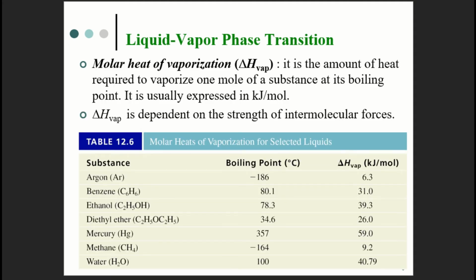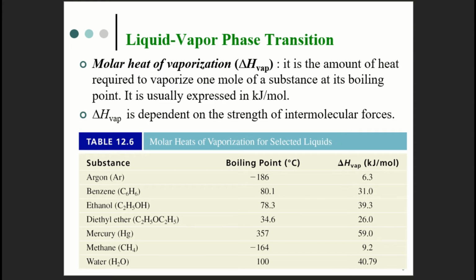Next is molar heat of vaporization. Okay, it is the amount of heat required to vaporize 1 mole of a substance at its boiling point, and is usually expressed in kilojoules per mole. So the heat of vaporization, also known as enthalpy of vaporization, is dependent on the strength of intermolecular forces.